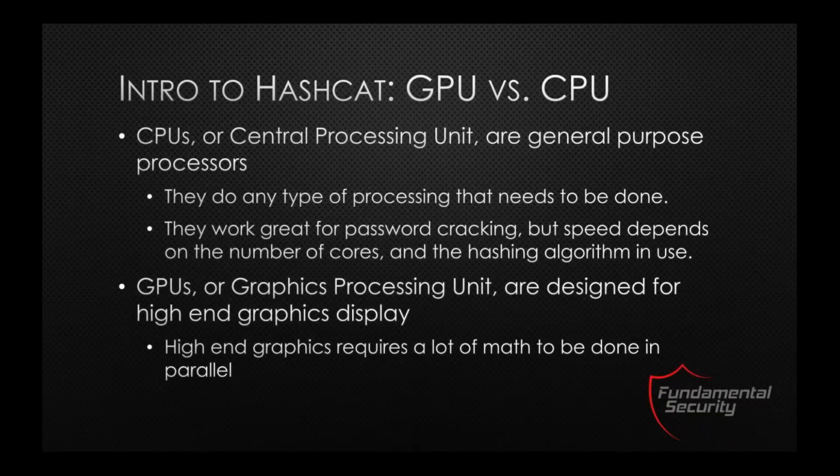So for instance, if I do stdout and I do an attack mode of 0, and then I give it word list 1, okay, you can see it basically goes through. You can ignore that error, but it tries each word exactly as it shows up in the password file.